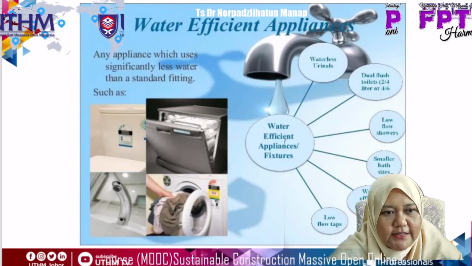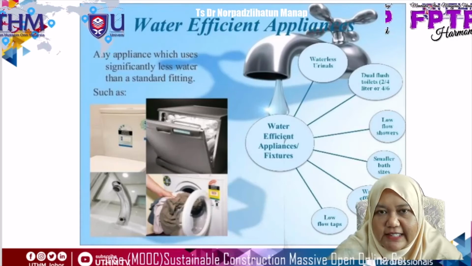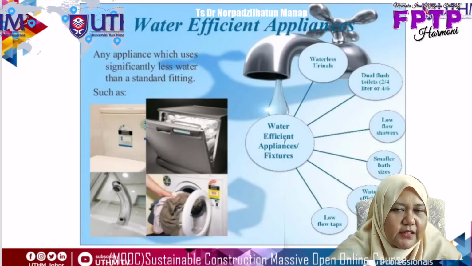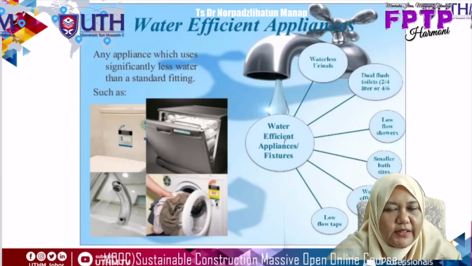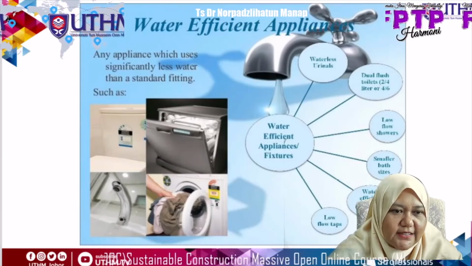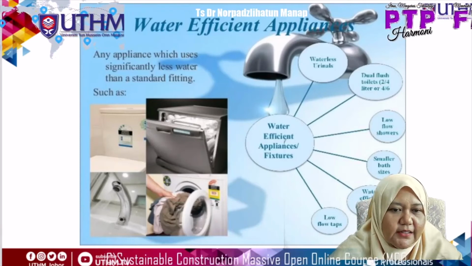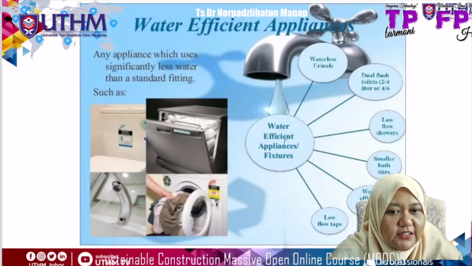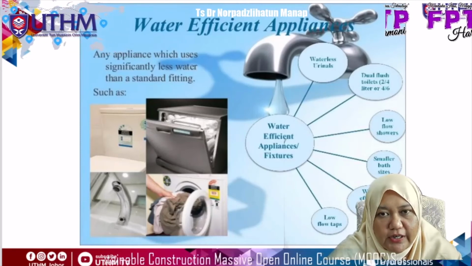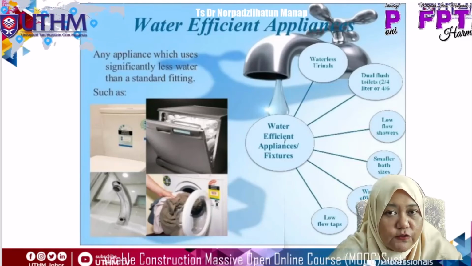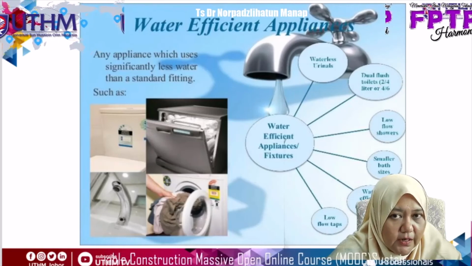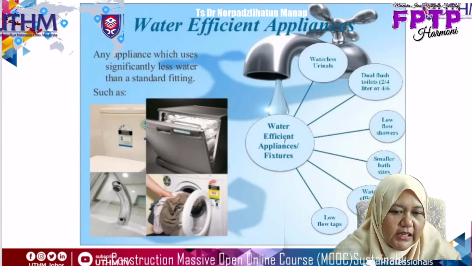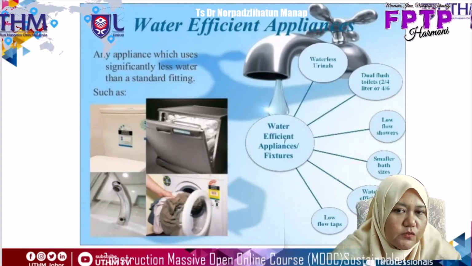Any appliance which uses significantly less water than a standard fitting is the definition of water efficient appliances. This includes waterless urinals, dual flush toilets, low flow showers, smaller bath sizes, water efficient washing machines, and low flow taps.